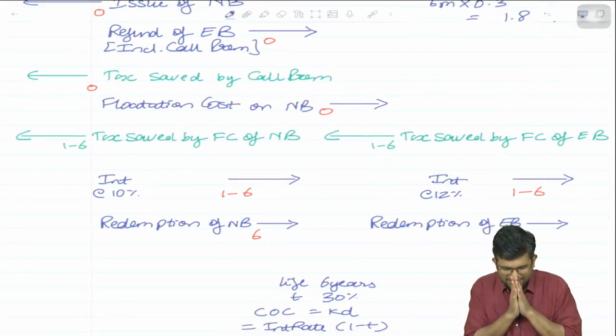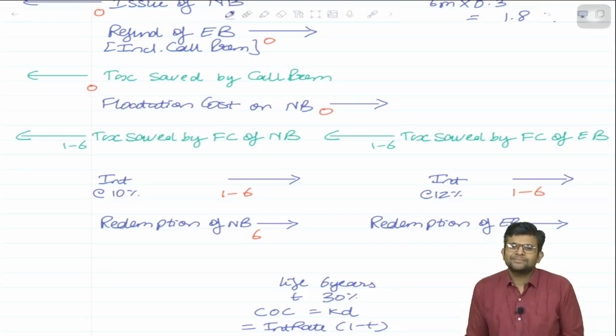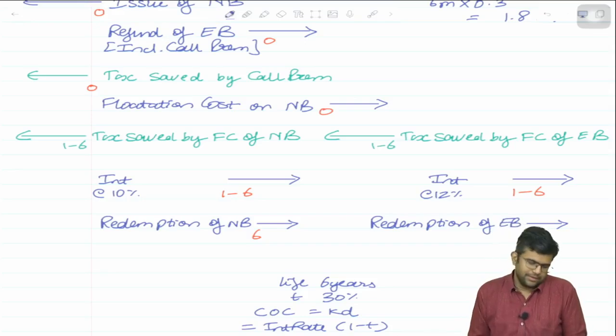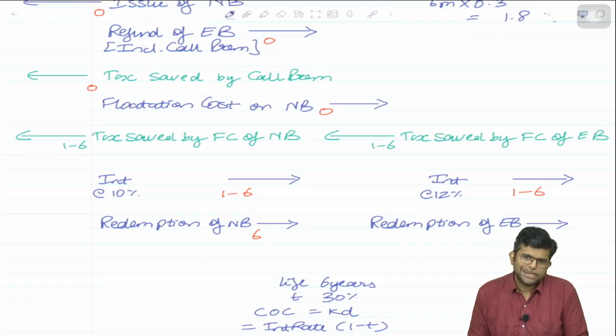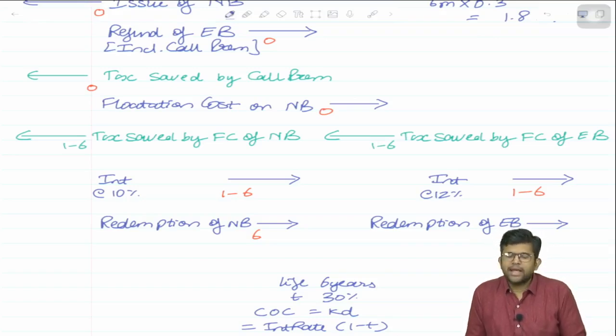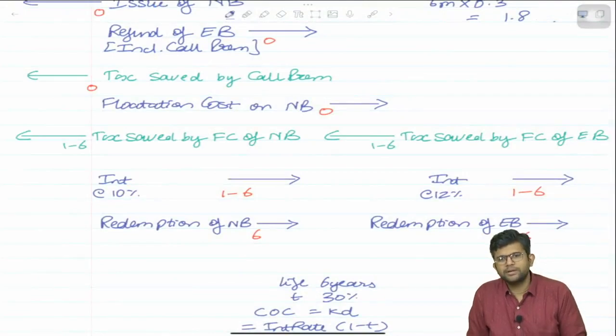Now, if you understand this next thing, then I'll consider myself fortunate. Students, as of today, on Bhavani bonds, can I say 9 million flotation cost is yet to be amortized? Are you able to understand?